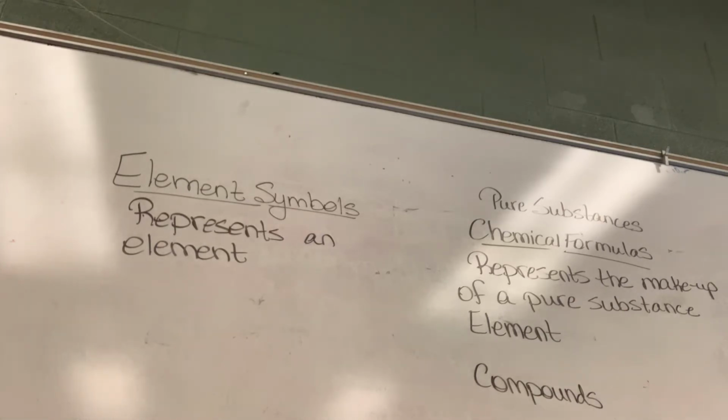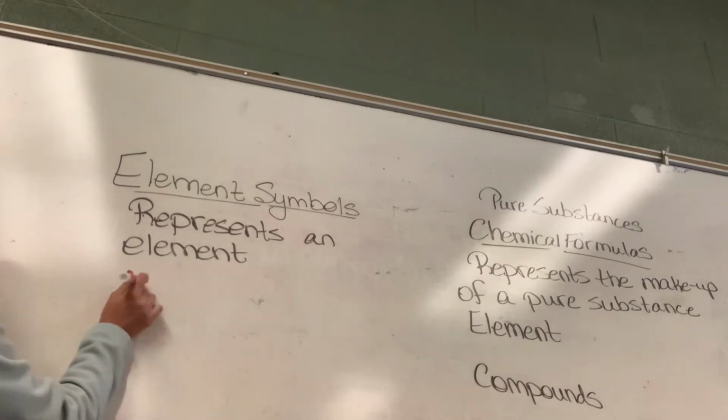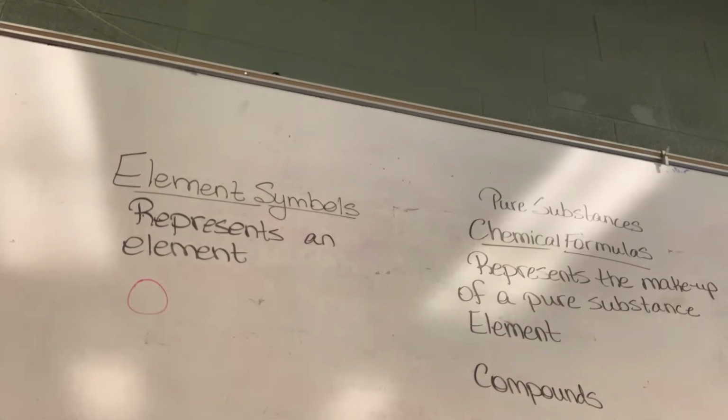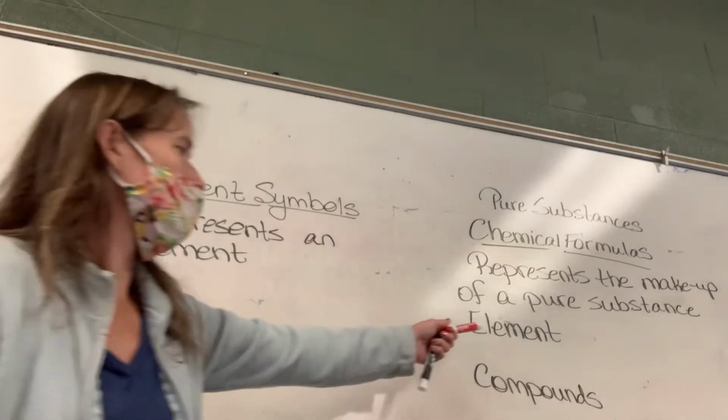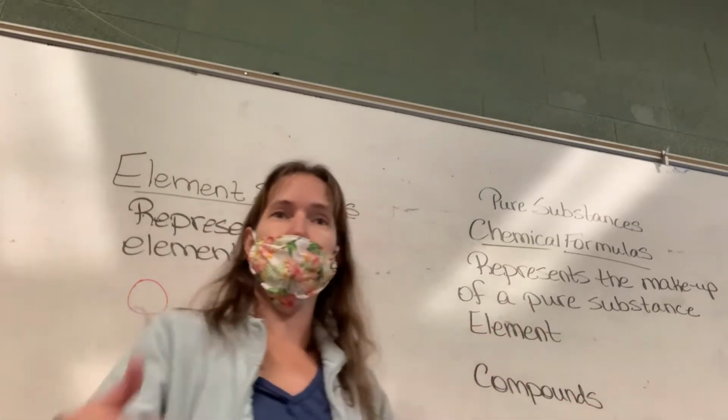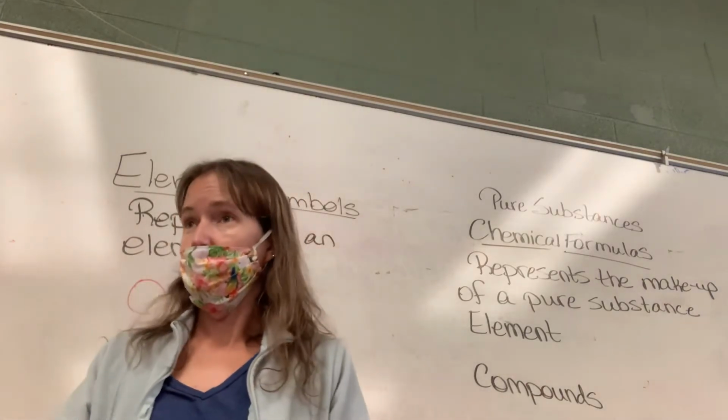So I'm just going to take an example of an element. So we're just going to say oxygen. What is the element symbol for oxygen? O. But if I asked you, what is the chemical formula for oxygen? I'm not talking about the symbol oxygen. I'm talking about oxygen in its element form that you need to breathe.